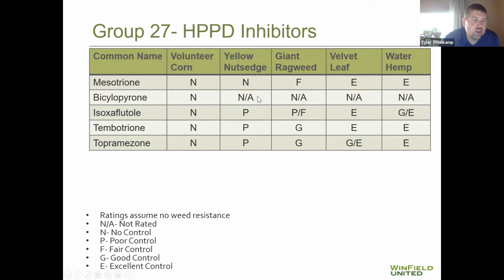Right now, it's such a new chemistry, I don't have ratings on that, so don't pay attention to that. You can see where some of the rest of these fit in. Quite a few of these have very good control on more of the small seeded. Some of the larger seeded, we have good to fair control, but it just depends on what you're looking at there.